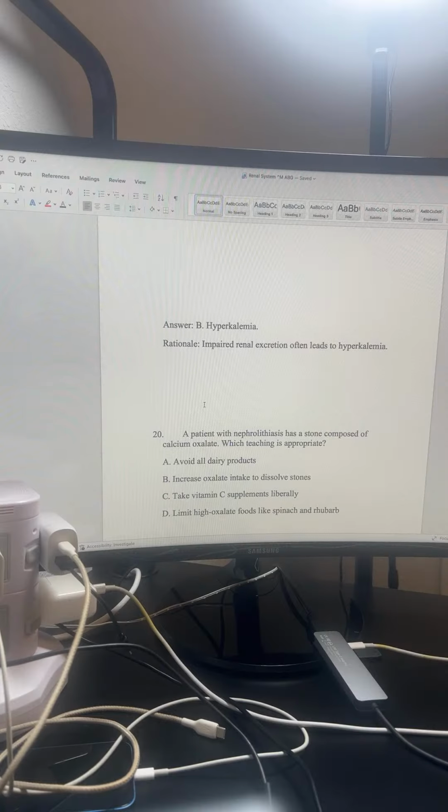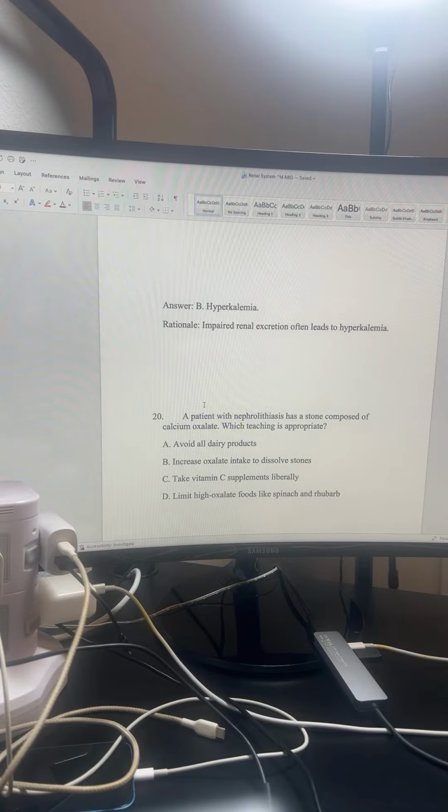Or D, limit high oxalate foods like spinach and rhubarb. D, limit high oxalate foods like spinach and rhubarb. Nice. Okay. All right.